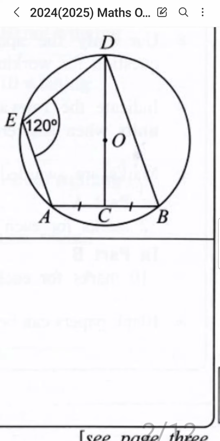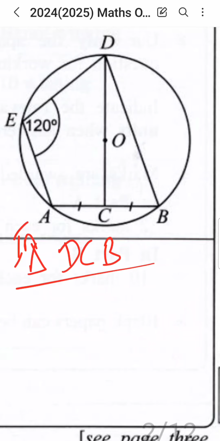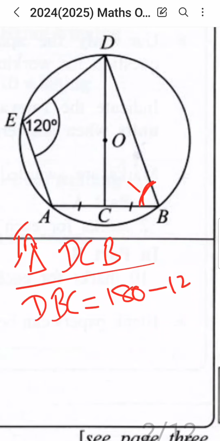see here, first of all we take the triangle DCB. In triangle DCB, the first angle, DBC, equals 180 minus 120.